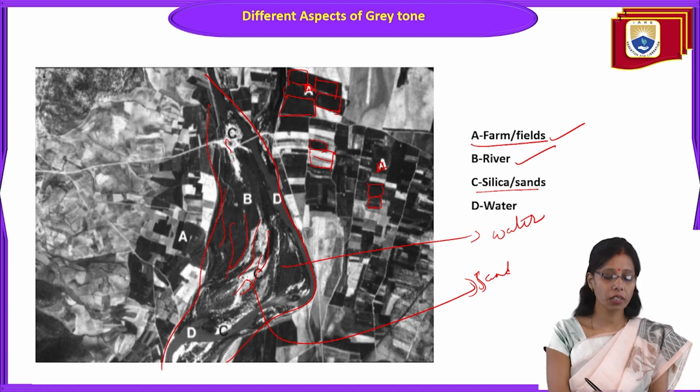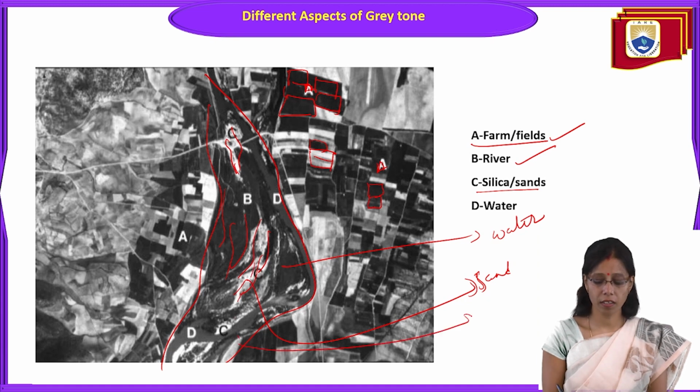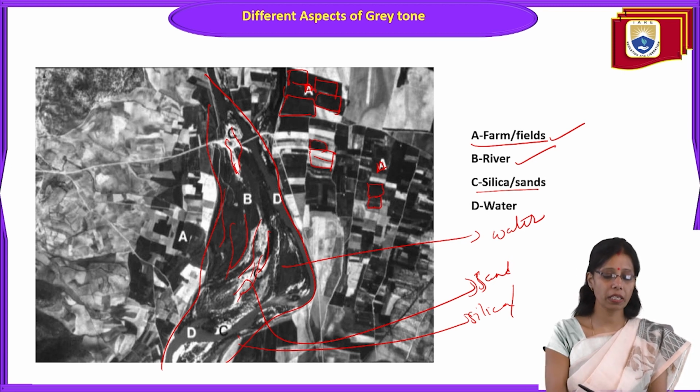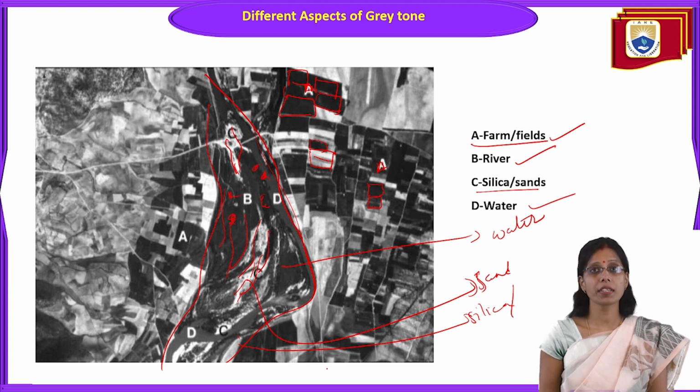So in between the river, if you see any white color feature, that means it is either silica or sand. How do we identify the river? Based on the shape, we can say, right? Now D is the water. All this black color is a water body. So if it is a black and white image, we should know how each color looks like. Based on the shape, we are able to identify the type of the feature in the image, right?